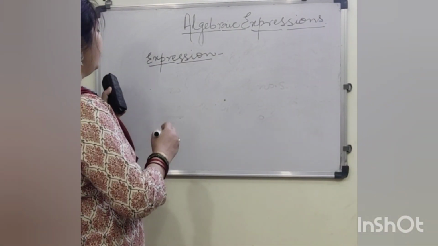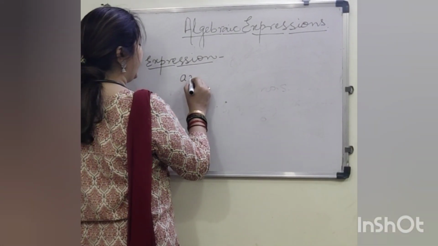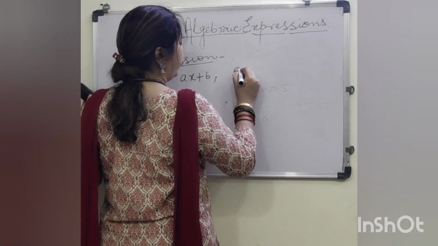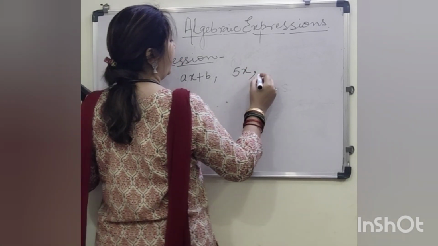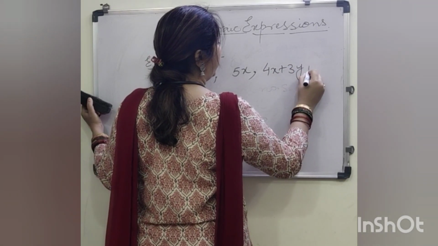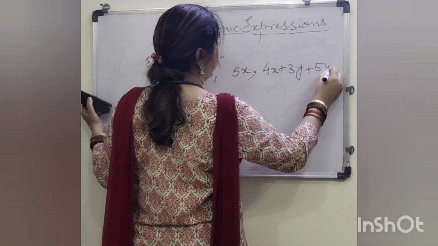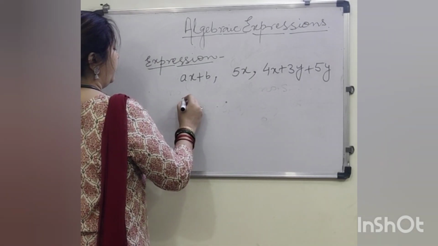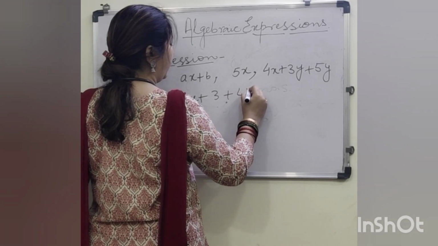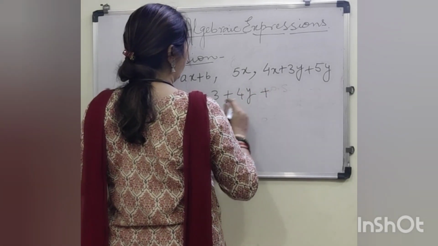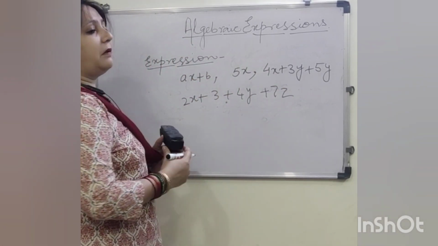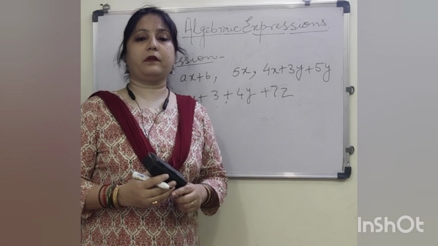For example, ax plus b is an expression. 5x is an expression. 4x plus 3y plus 5z, another expression. 2x plus 3 plus 4y plus 7 or 7z. These are all various examples of expressions.